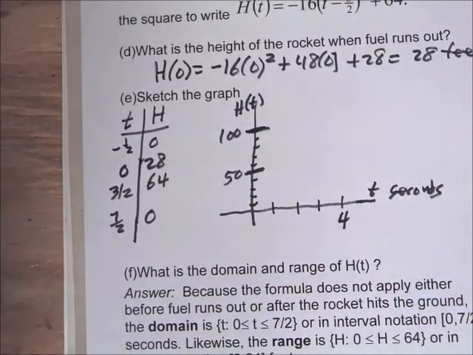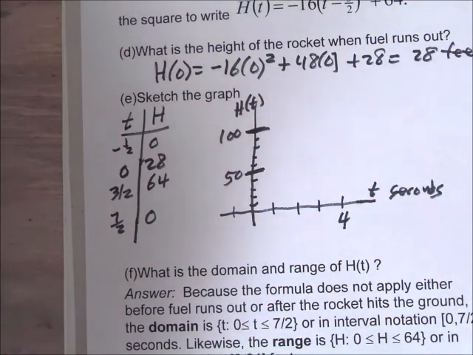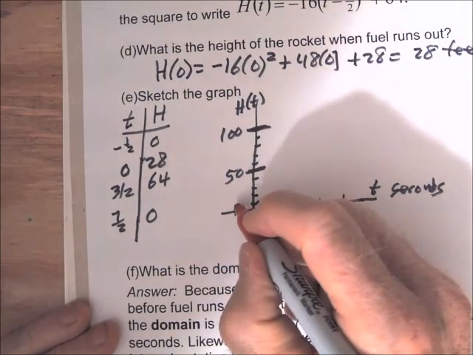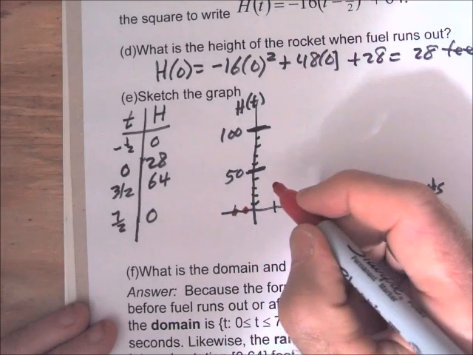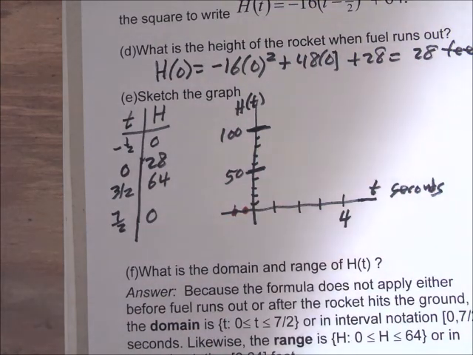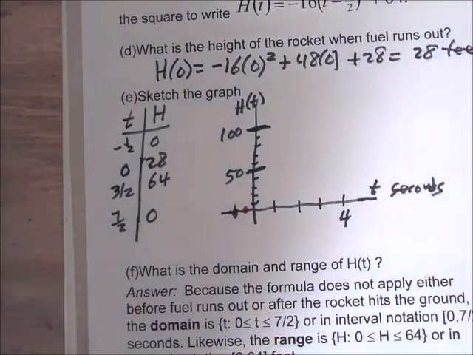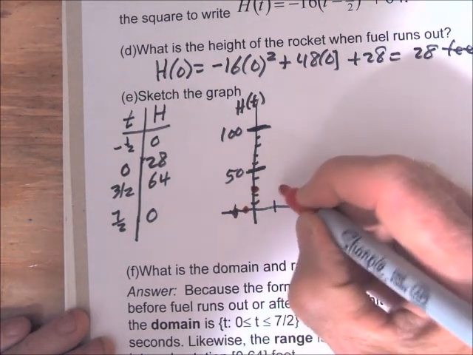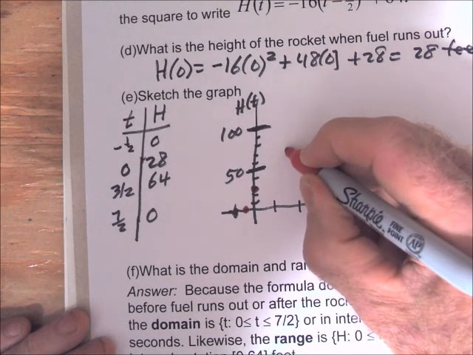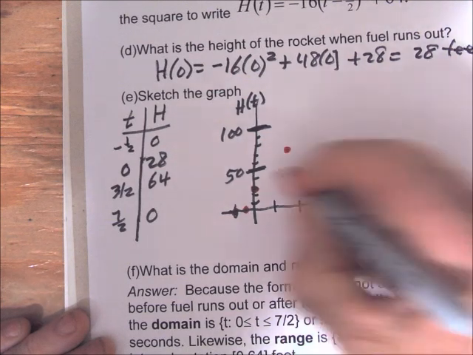So we have height at 0. This is -1/2, and then 0, 28, that's about right here, and 1.5, 64, about right here, and 3.5, 0.